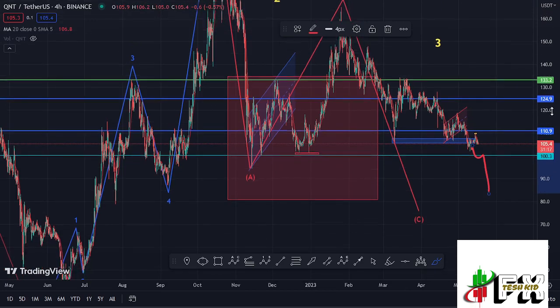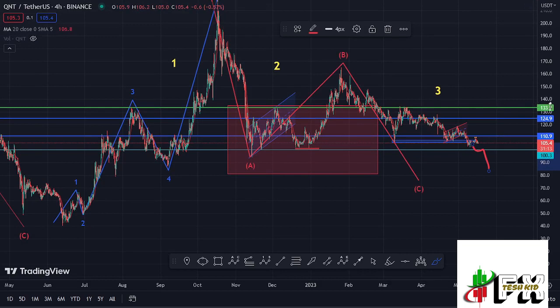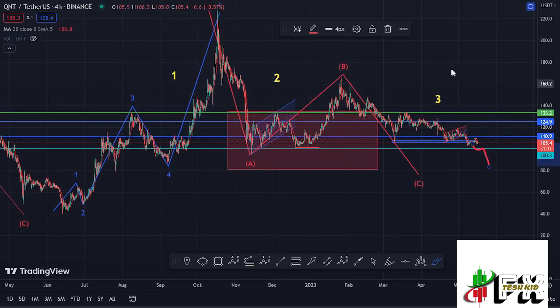And once that happens, then I think that will be another perfect entry to get back into Quant, so that we can ride that massive pump in the formation of this larger Elliott wave count 3.